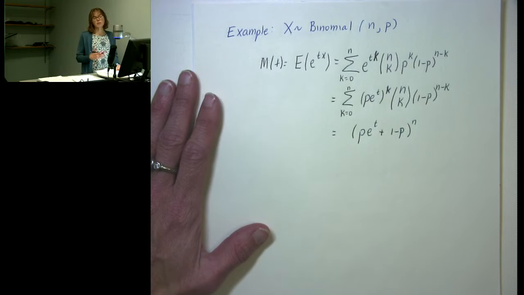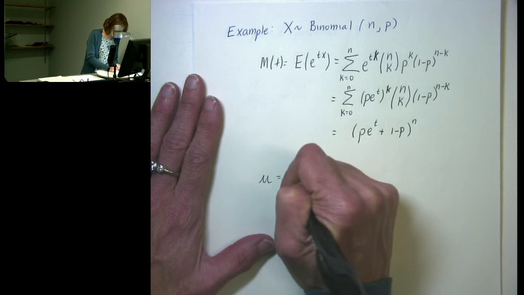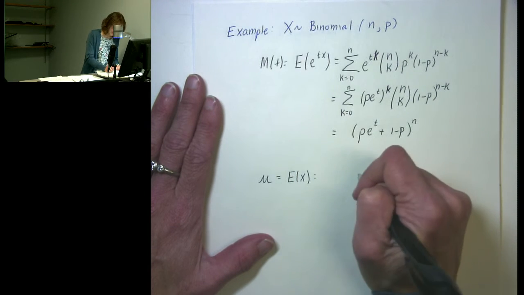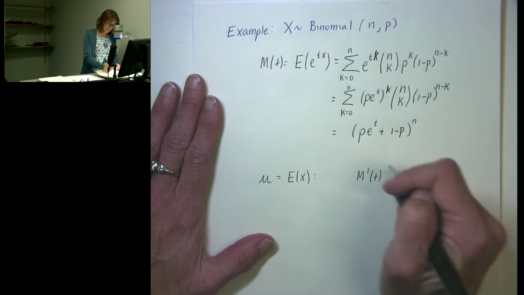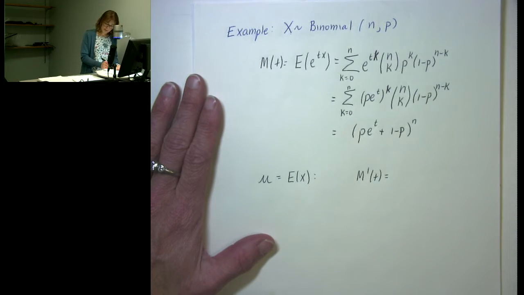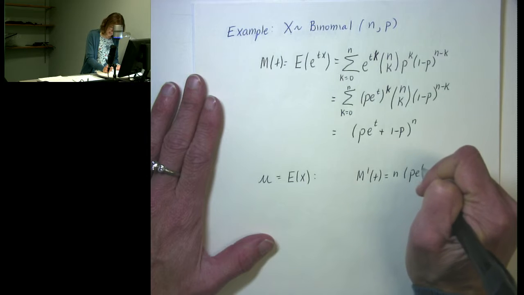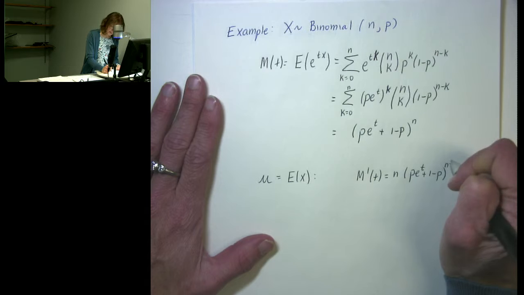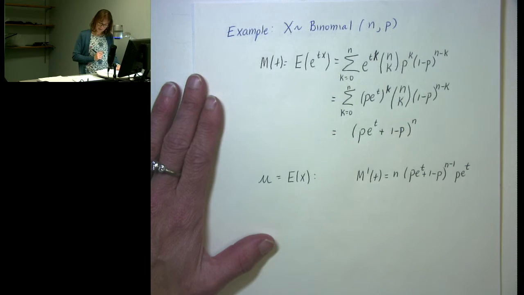Now, if I want to use this to derive the mean and the variance, I'm going to start by taking the first derivative of this moment generating function. So it's going to give me n times p e to the t plus 1 minus p to the n minus 1 times p e to the t.